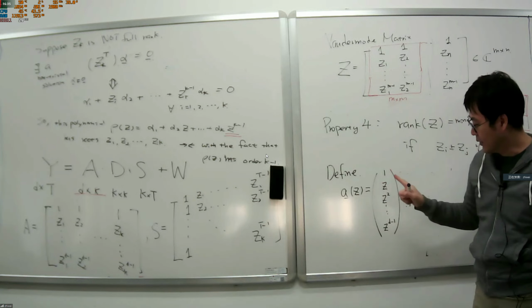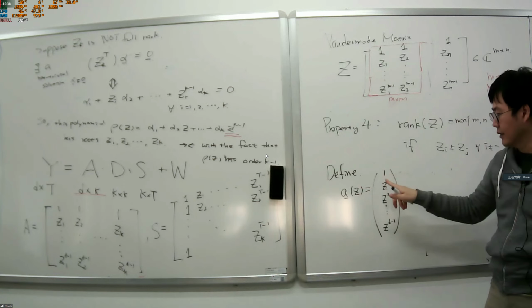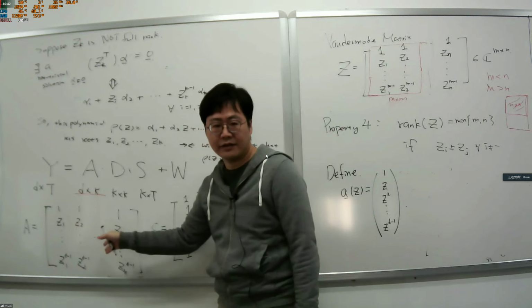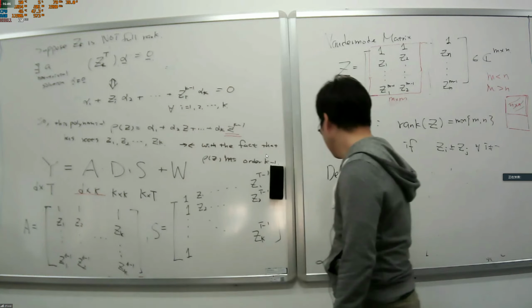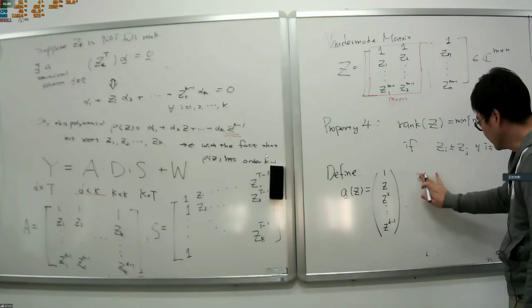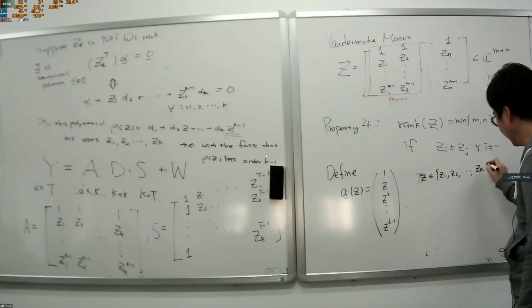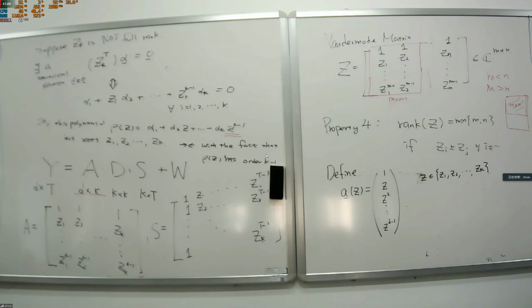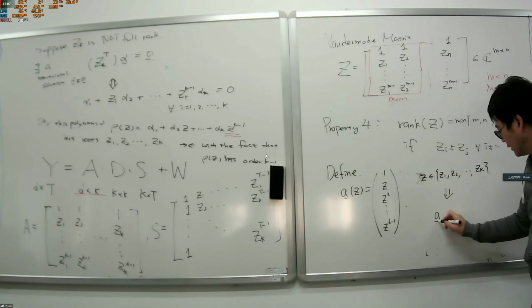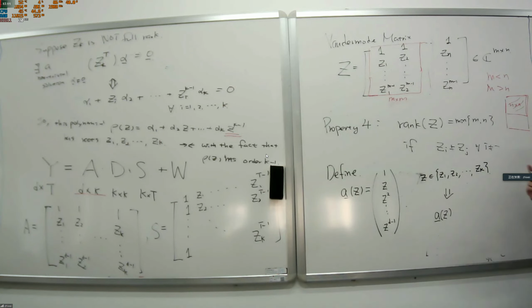You see, if z is one of z_1 to z_k, then a(z) is one of the columns of A. So a(z) will belong to the range space of A. It's quite obvious.